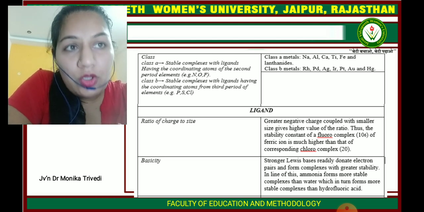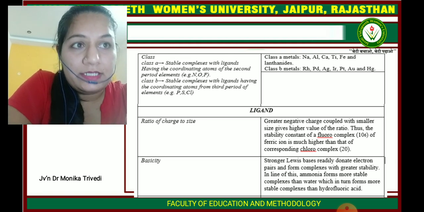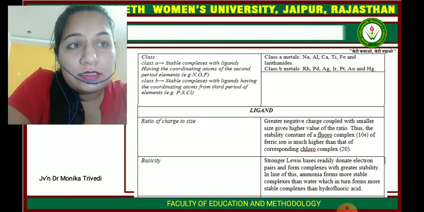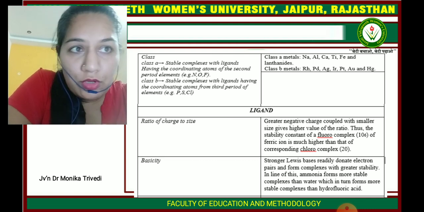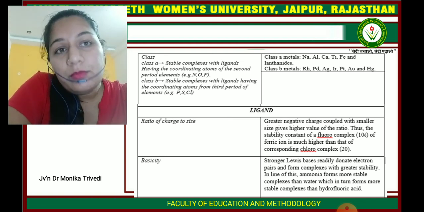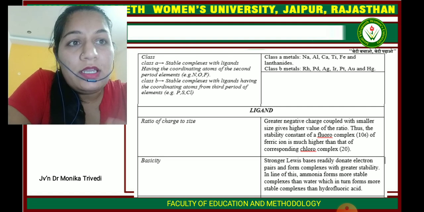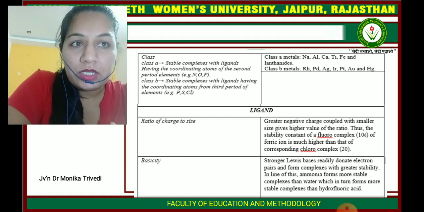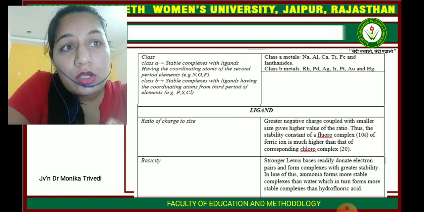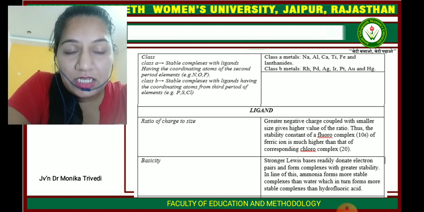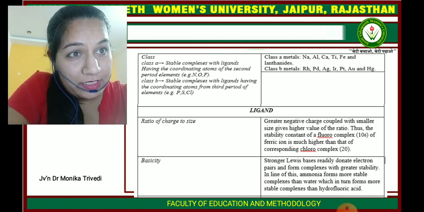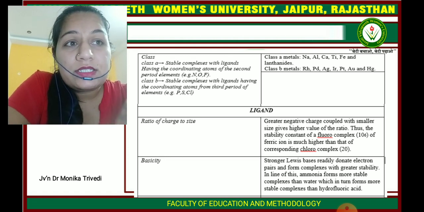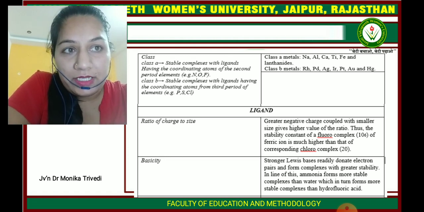Thus the stability constant of fluoro complexes is 10 times higher compared to chloro complexes. Or consider the basicity of the ligand: the stronger Lewis base readily donates the electron pair, giving a complex with greater stability. In line with this, ammonia forms more stable complexes than water, which forms more stable complexes than hydrofluoric acid.